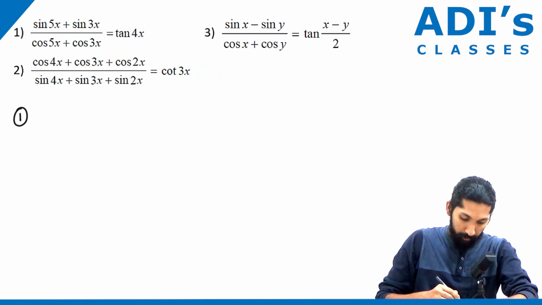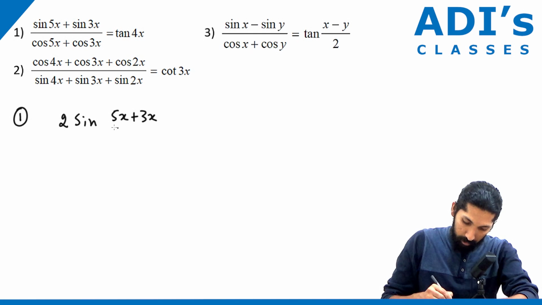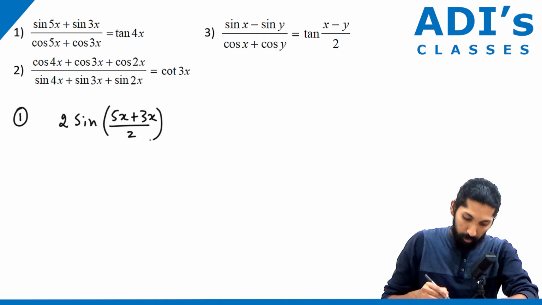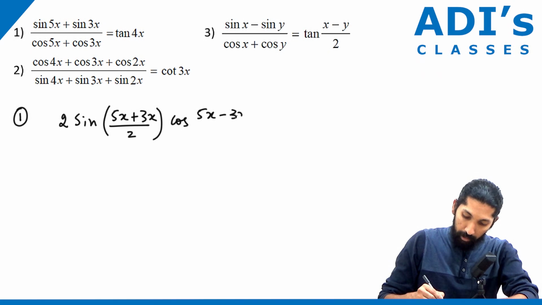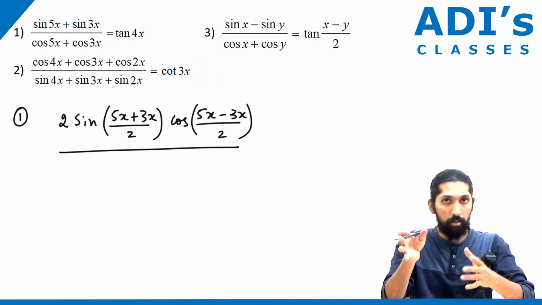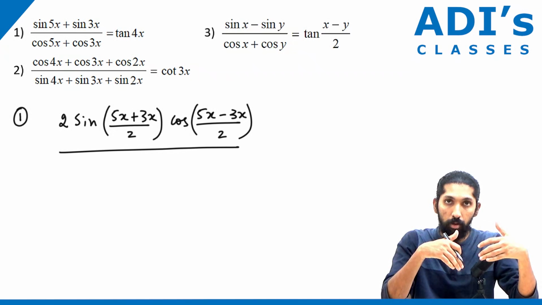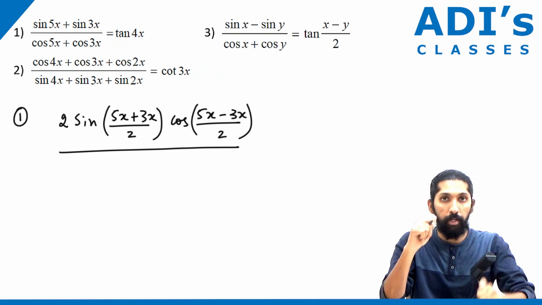So, we are going to get 2 sin 5x plus 3x divided by 2 into cos 5x minus 3x divided by 2, whole divided by cos c plus cos d. 2 cos c plus d by 2 cos c minus d by 2.